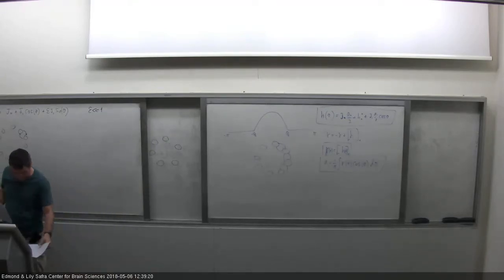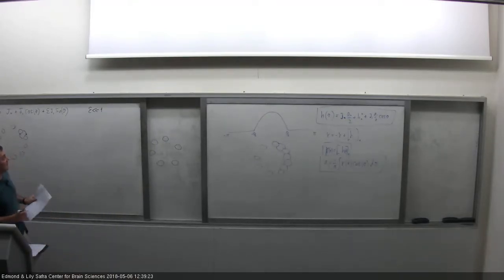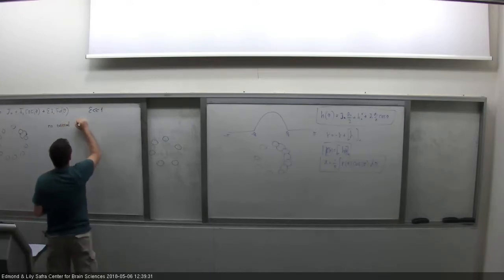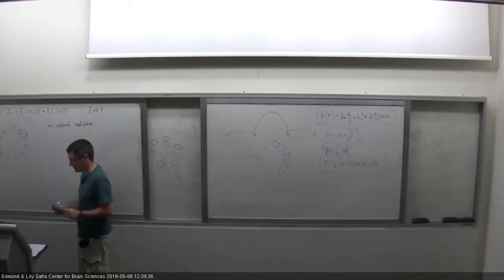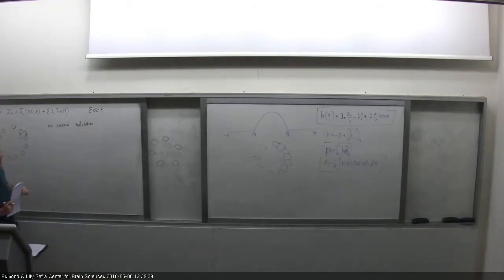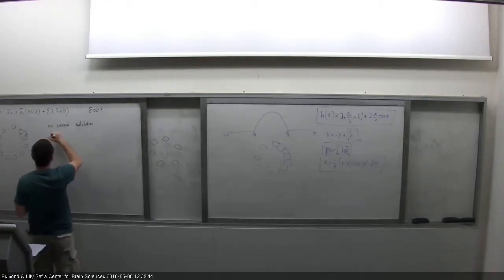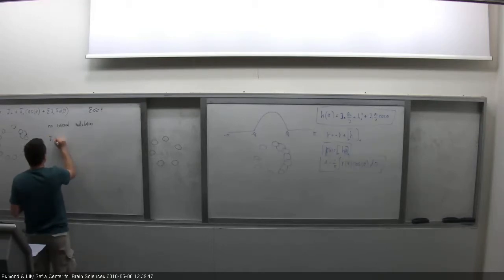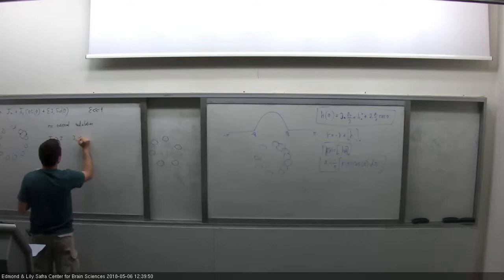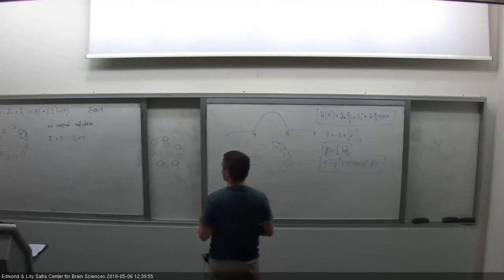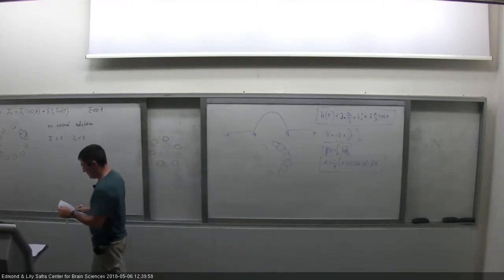We will consider the case of no external modulation. So all neurons in the network receive exactly the same input, and we will consider parameters that correspond to the ring solution. This is J1 larger than 2, and J0 smaller than 1. So we'll consider the regime in which we have the bump solution.